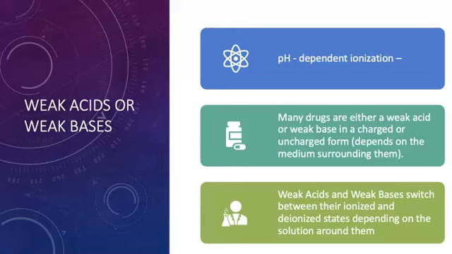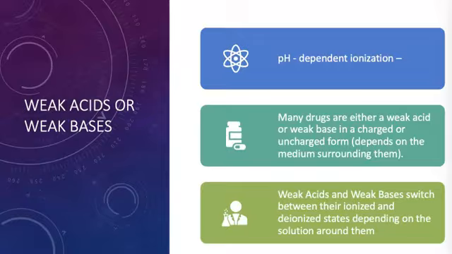So we have to think about medications that are weak acids or weak bases, which are dependent upon ionization, from the acidic or basic perspective. It really depends on what kind of drugs they are, whether they're going to be administered to the patients. So weak acids and weak bases will switch between their ionized and deionized states depending upon the solutions they're in.